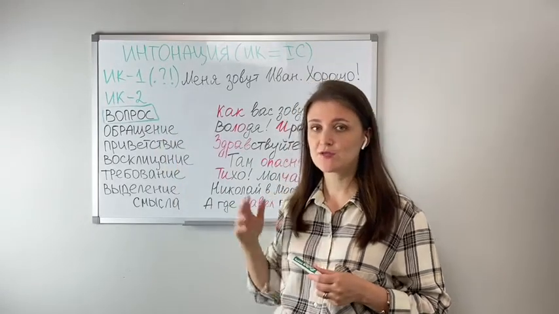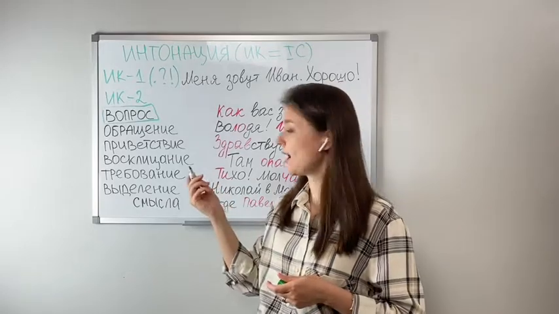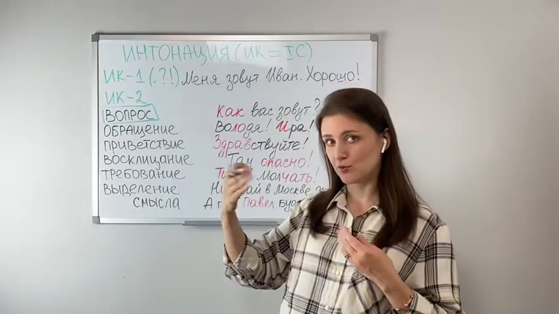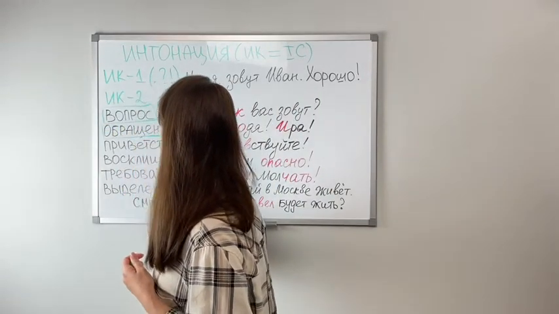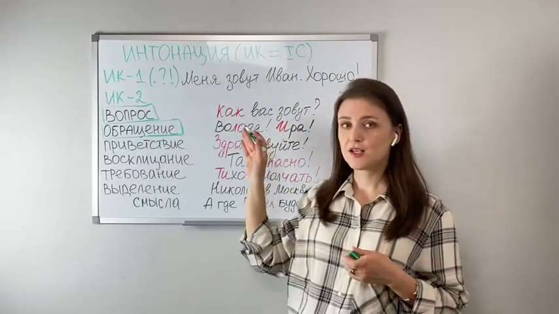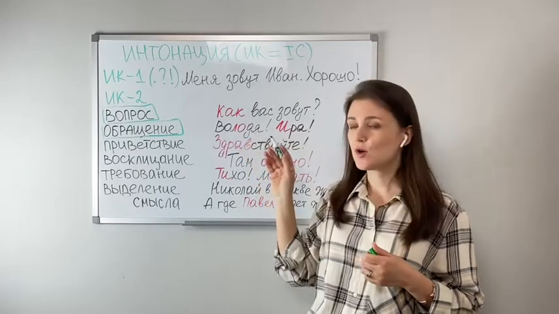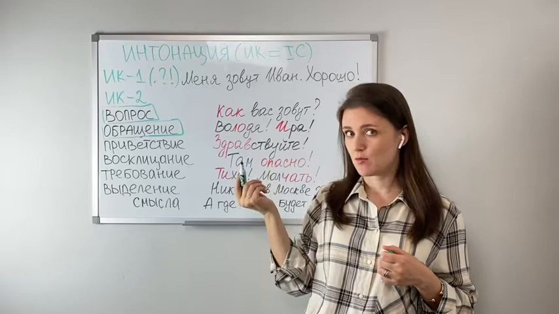The second one we use when we talk to a person. Обращение in Russian is address or salutation. Обращение. When you talk to a person, here we emphasize the syllables because we say the name of the person.